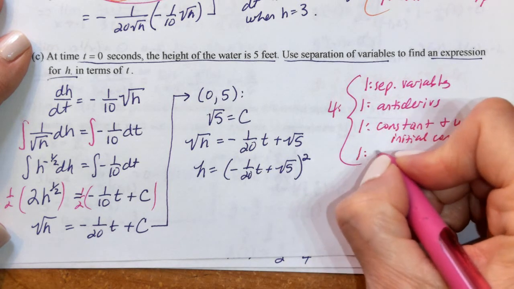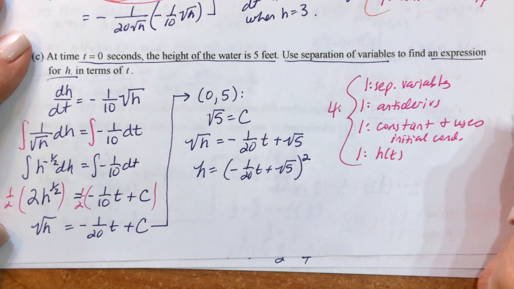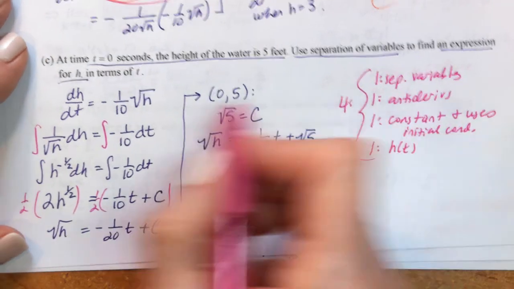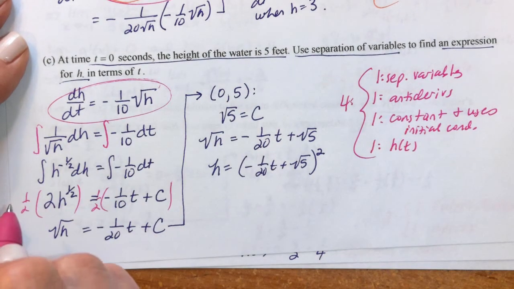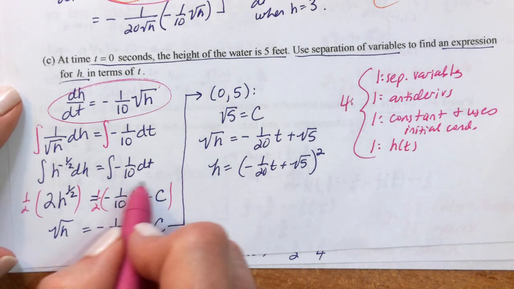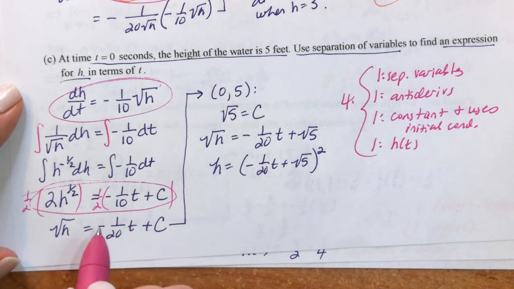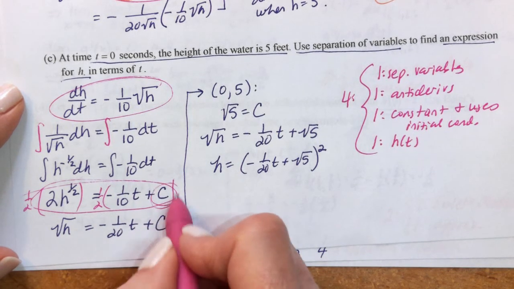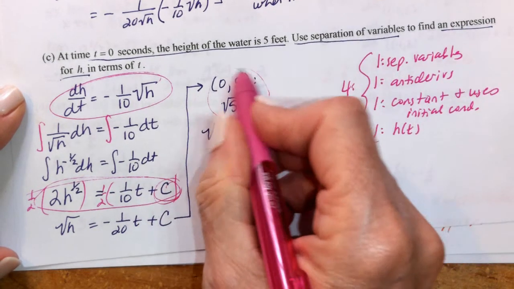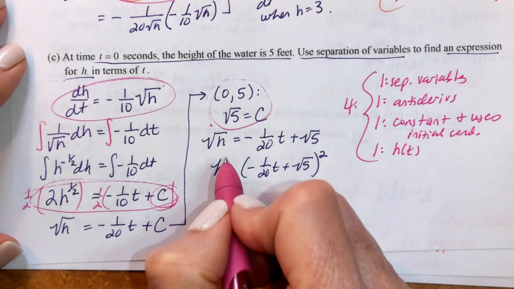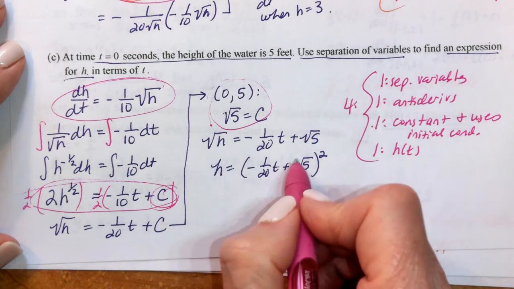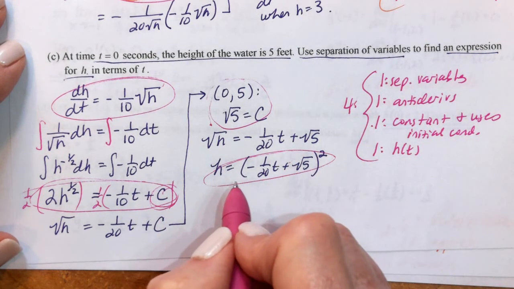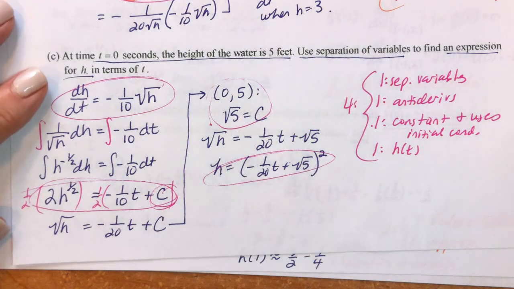And then 1 point for your function for h. So separate the variables, that's where the point is. Our two antiderivatives were worth a point. Using a constant and finding the constant, using the initial condition to find the constant, that was worth that point. And then our answer. 4 points, and I know you guys can do that.